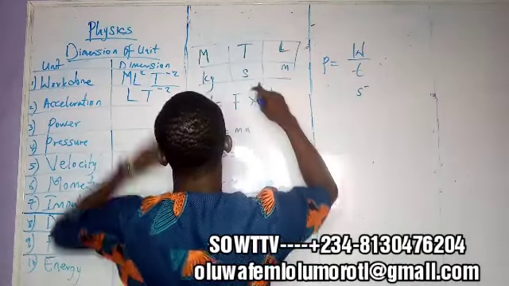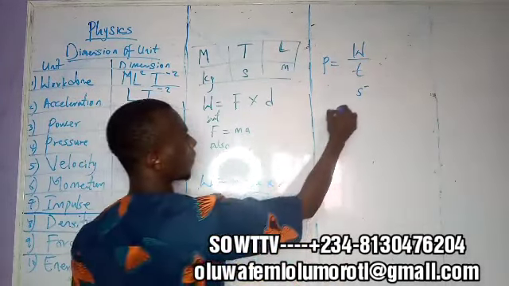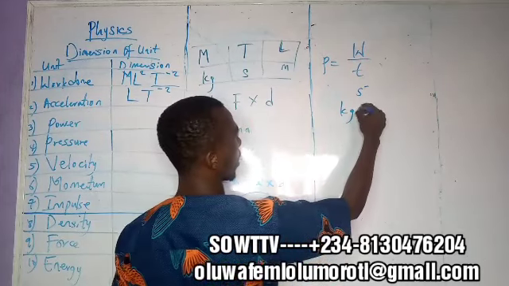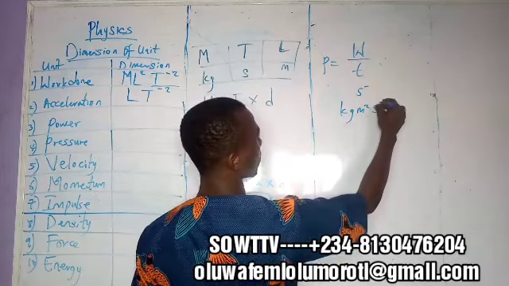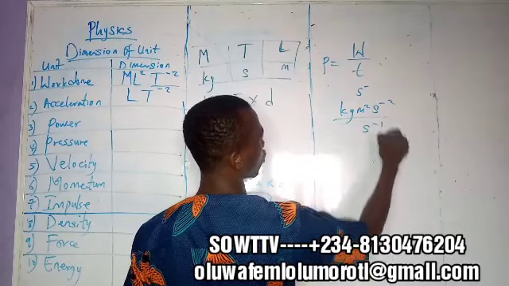Time is T per second, so we have kg m^2 s^-2 over s^-1... so we divide by time.